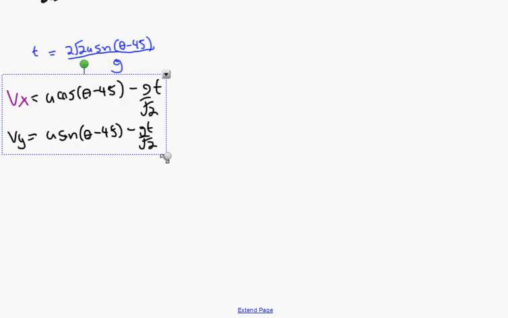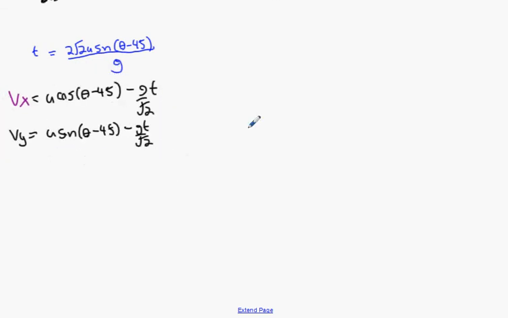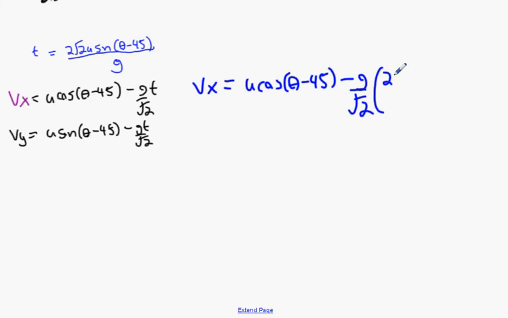So phi x equals u cos(theta minus 45) minus g over root 2 multiplied by 2 root 2 u sin(theta minus 45) all over g. g cancels with g.